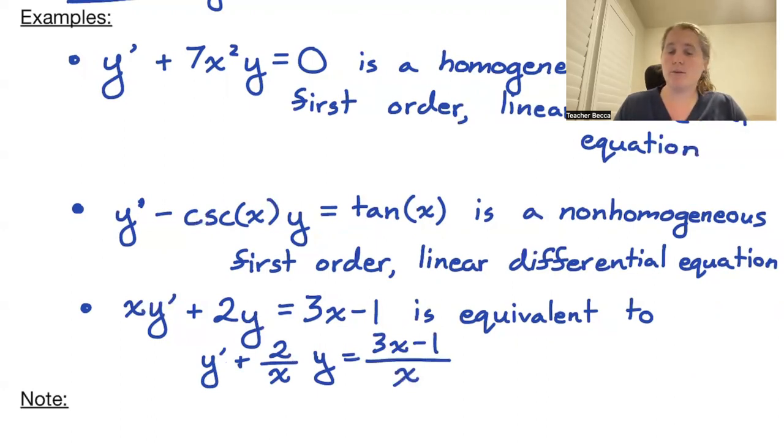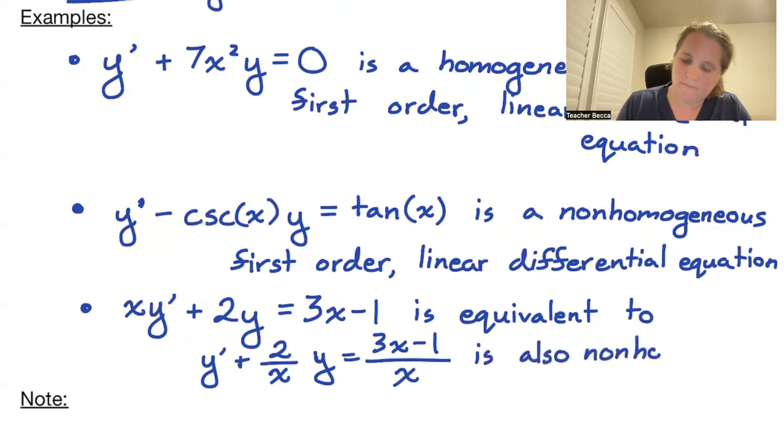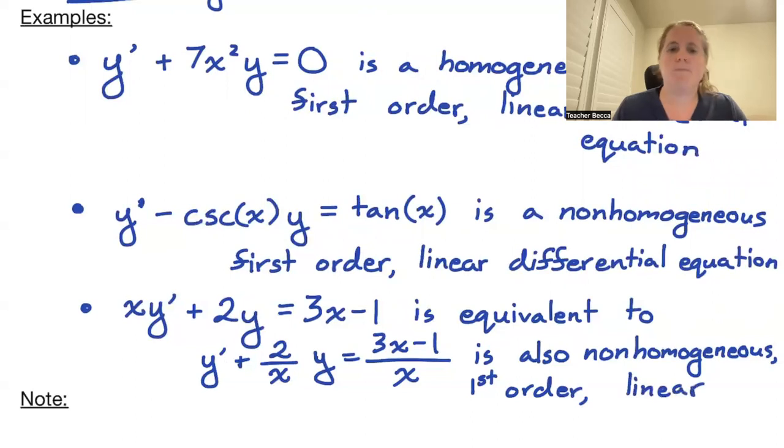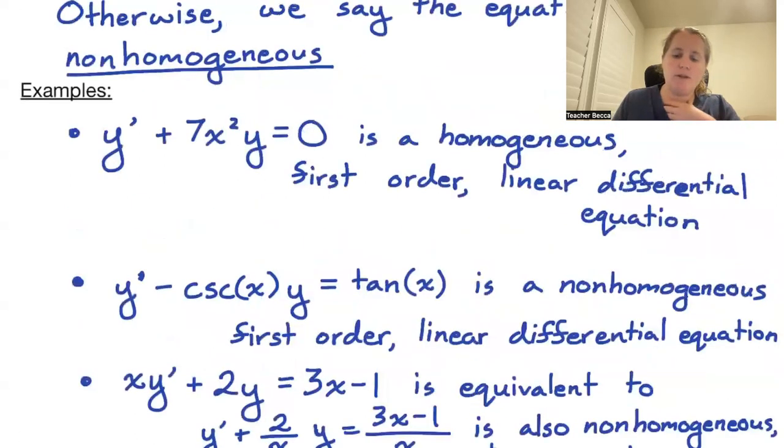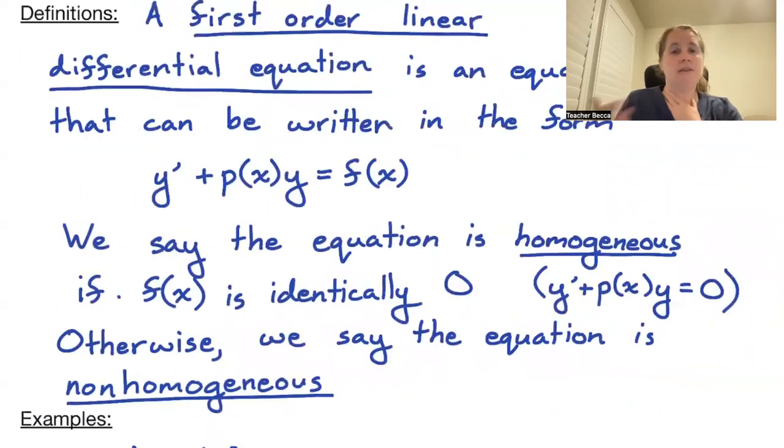So this is also non-homogeneous, first order and linear. So they don't have to be originally written in the standard form of y prime plus p of x times y equals f of x, but they have to be able to be rewritten in that format.